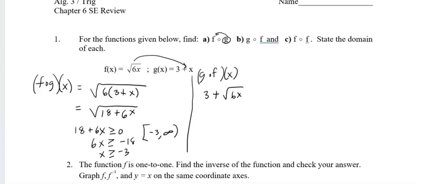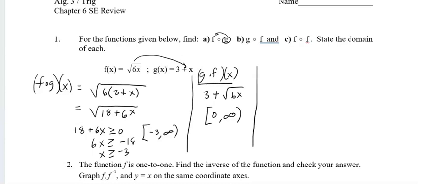So x could be 0 or anything greater than 0. So our domain here is just going to be from 0 to positive infinity are acceptable numbers that can be used in that composite.